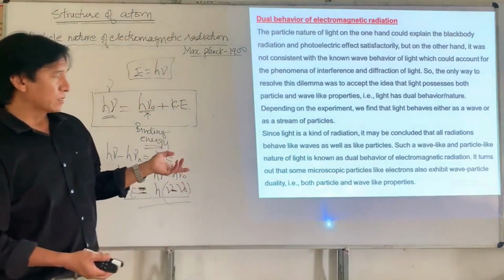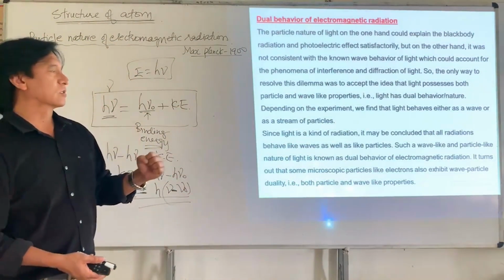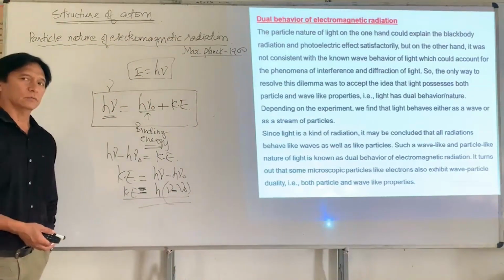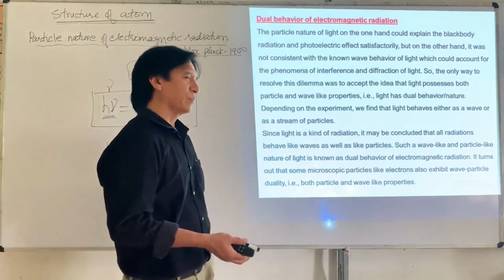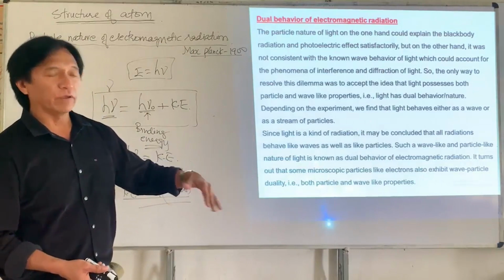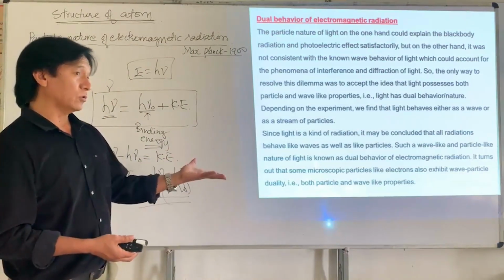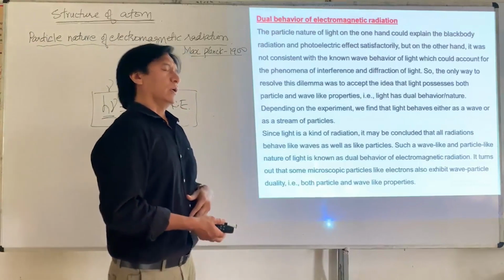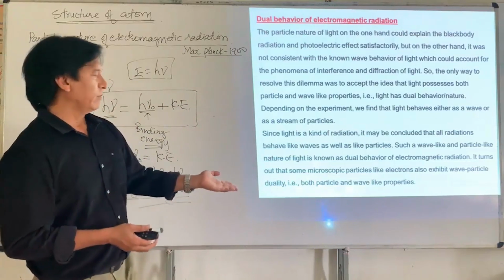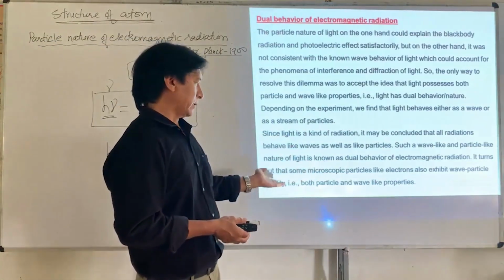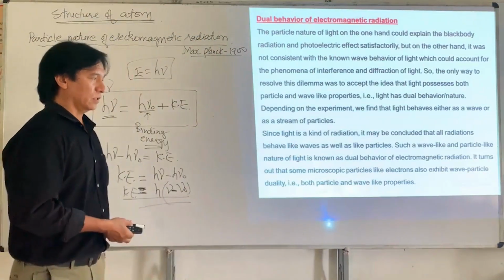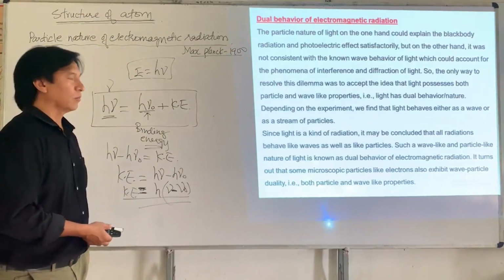And finally, it turns out that some microscopic particles like electrons also exhibit wave-particle duality, that is both particle and wave-like properties. Electrons are so tiny, so small or microscopic in nature, that they also exhibit this wave-particle duality.